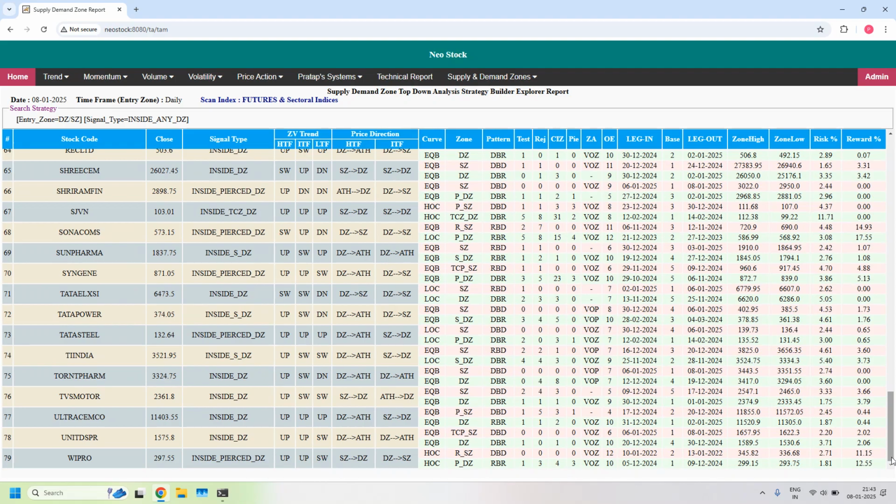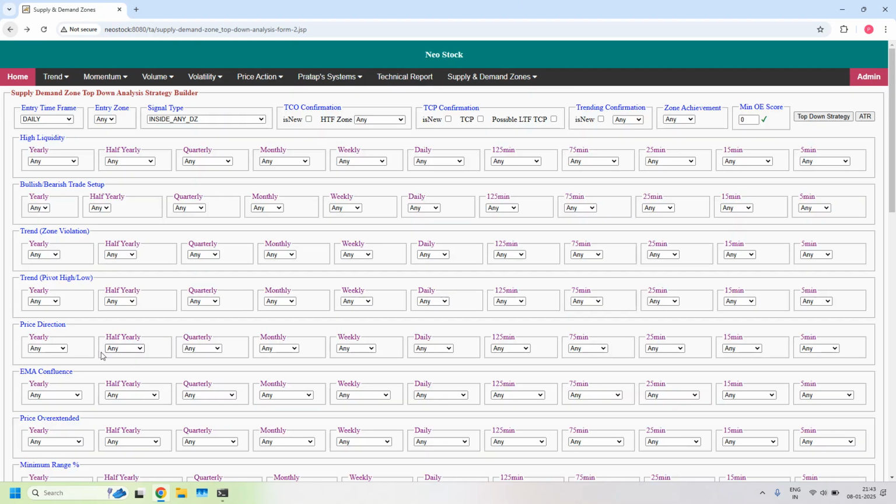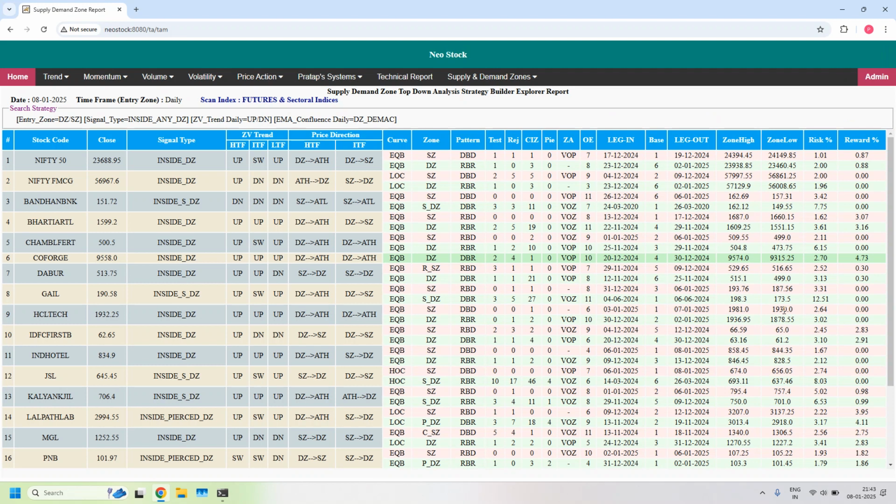Out of these 79, how many of these daily demand zones are having daily EMA Confluence? So I am adding EMA Confluence filter on daily time frame, daily demand zone having daily EMA Confluence, and the trend on the daily time frame should not be sideways, it can be up or down. Let's filter.